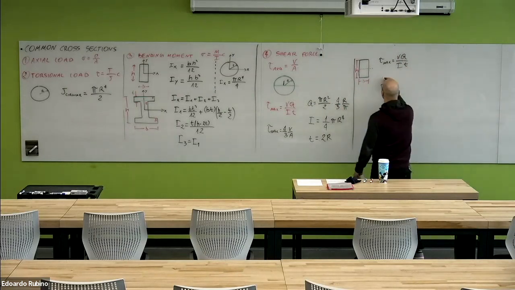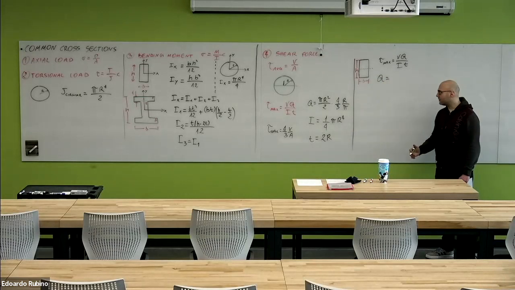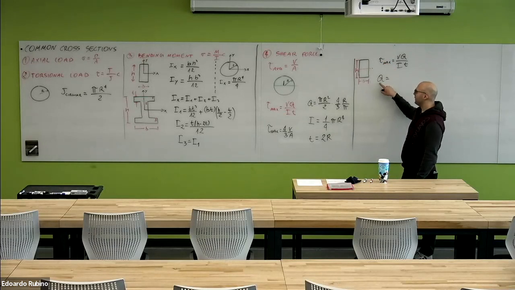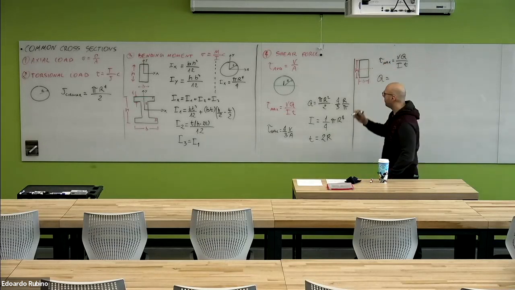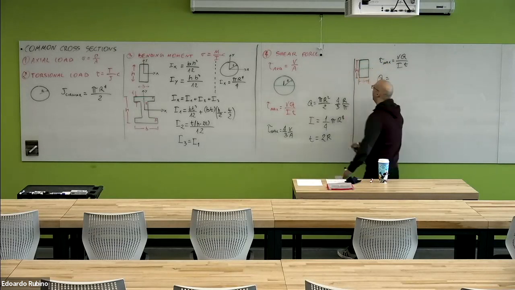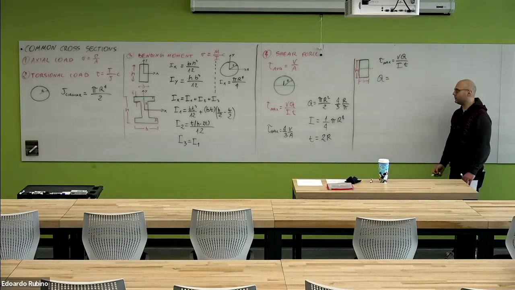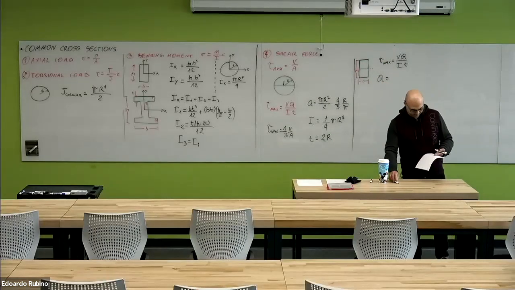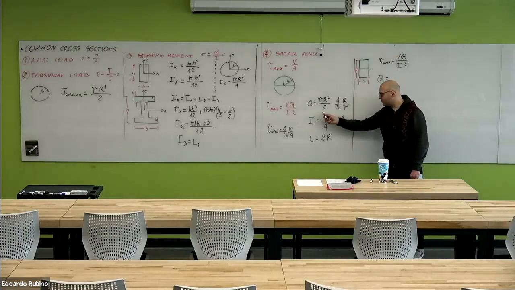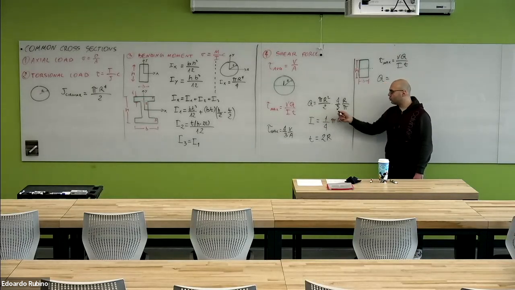So let's start with Q, as we did before. Again, Q is the static moment of the portion of the cross section above the location where we have to find the shear stress. So in this case, we are looking at the static moment of this portion here, above the top half of the cross section. As we did before, the static moment is the product between two quantities.